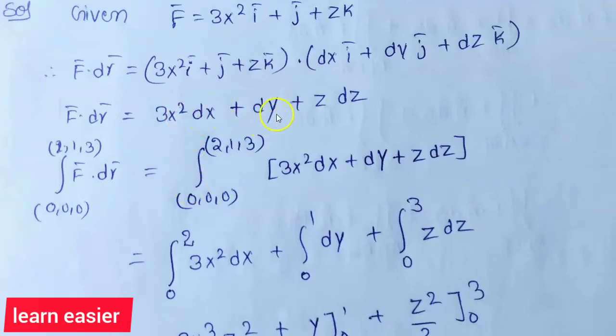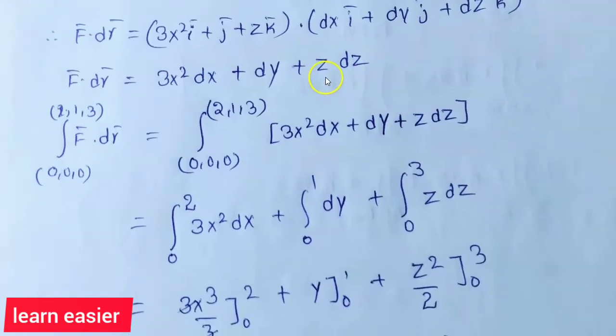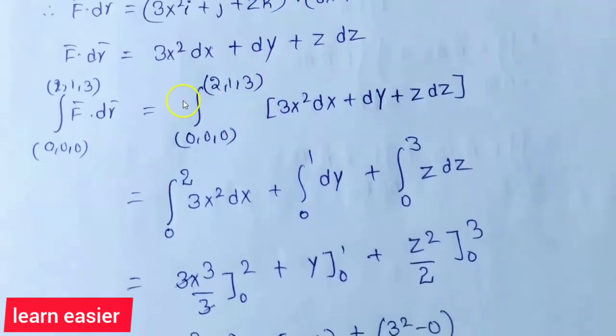Here you have only dy terms, and there is no x or z term, so we can integrate dy by taking the limits of y from 0 to 1. And z dz has only z terms, so we can integrate by taking the z limits from 0 to 3. Let's see how we can integrate.